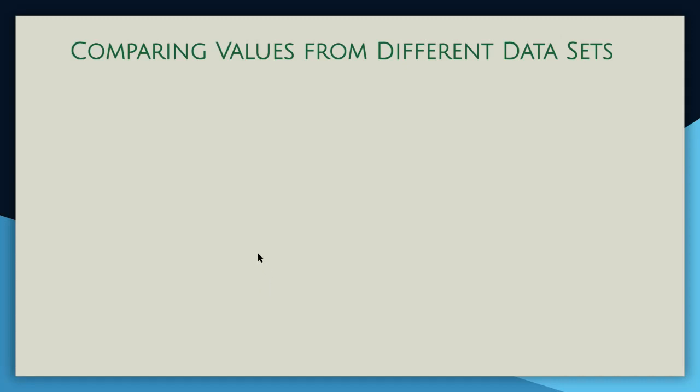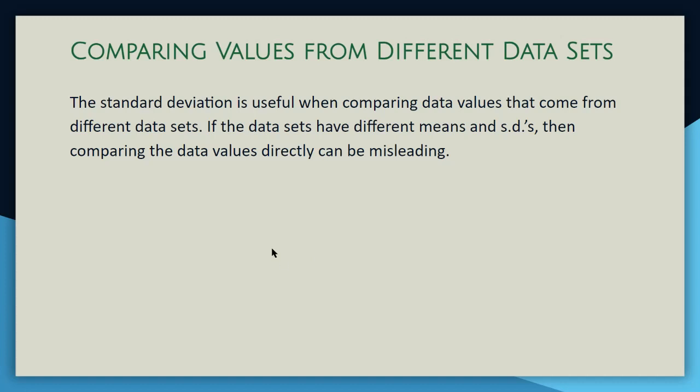We use standard deviations to make comparisons for data from different data sets. So the standard deviation is useful when we want to compare data values that come from different data sets. If those data sets have different means and different standard deviations, we can't do direct comparisons.